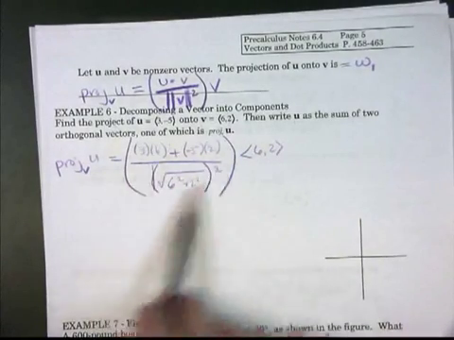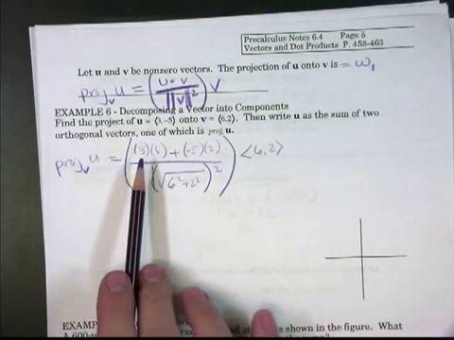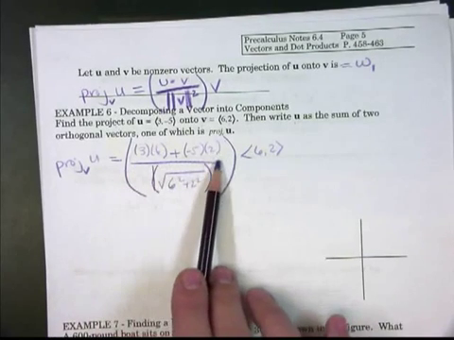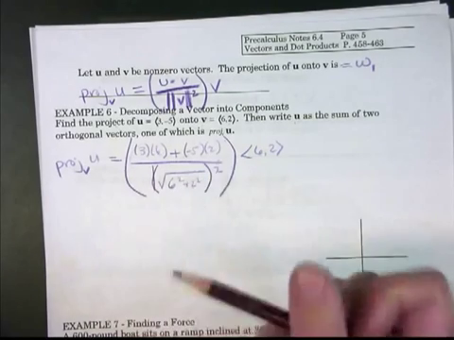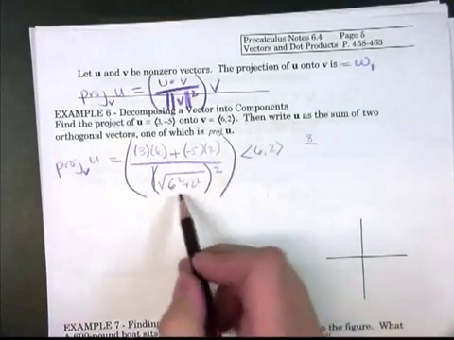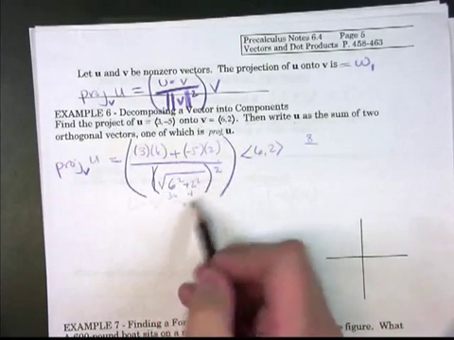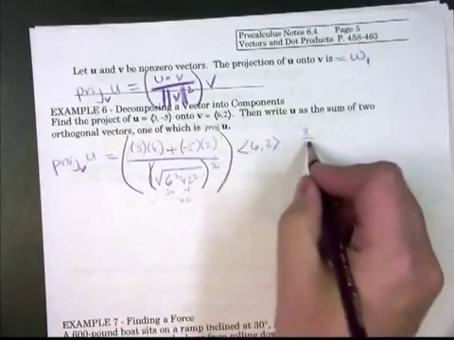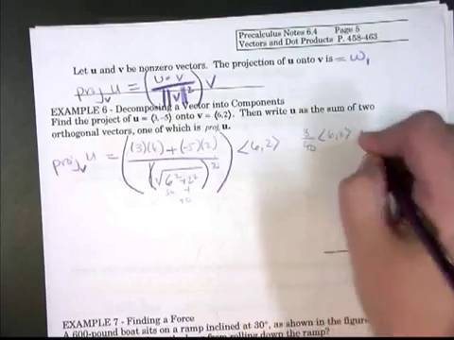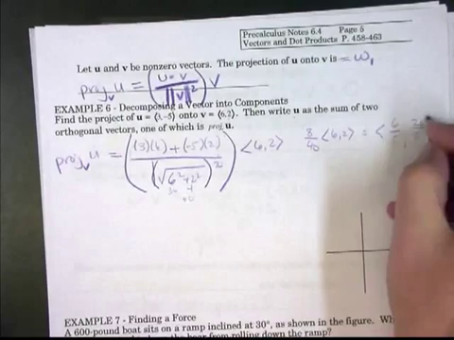All right, so when I do some calculations here, I get 18 minus 10, which is 8, over 36 plus 4 is 40, square root squared, so 40, times the vector. So that really gives me 6/5 and 2/5.